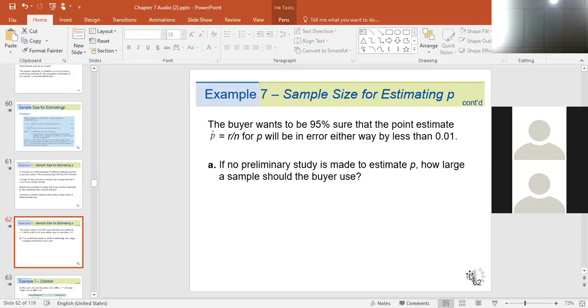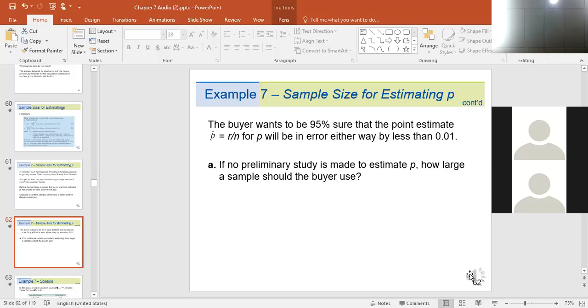So let's start with the case where there is no estimate, that is, he has never bought corn from this farmer, and he has not been able to find information from people who would have bought from this farmer in the past. So no previous estimate. We are going to choose P equals 1/2.